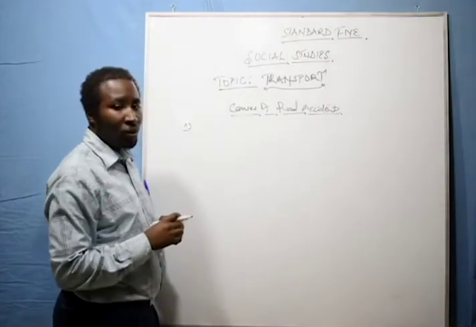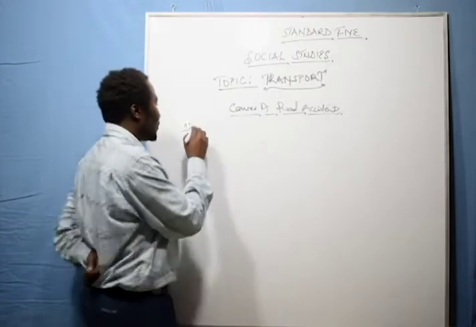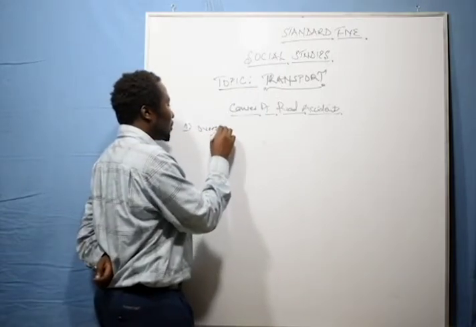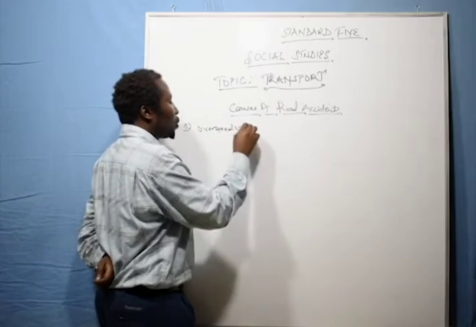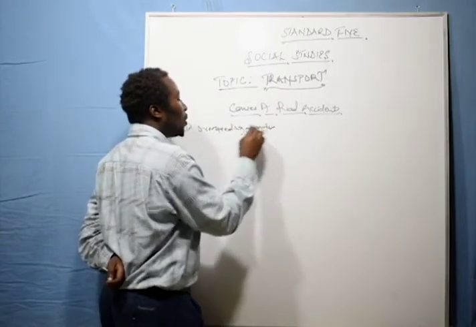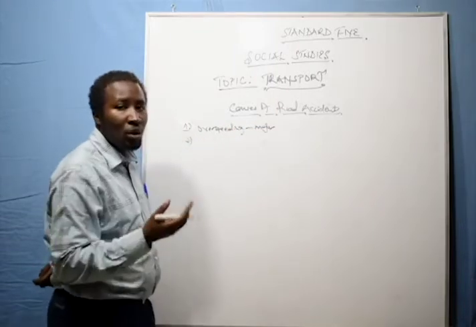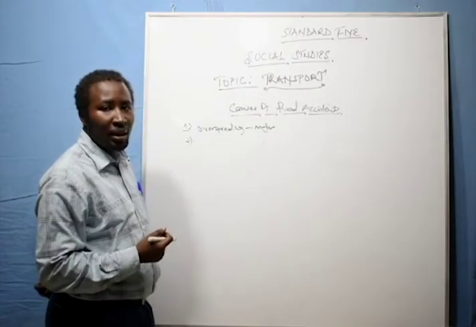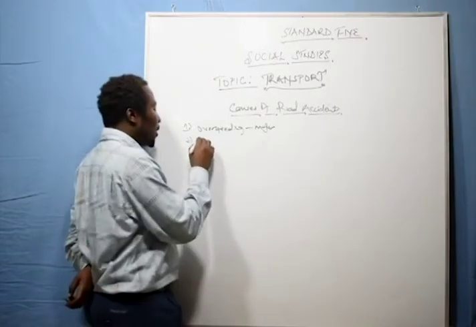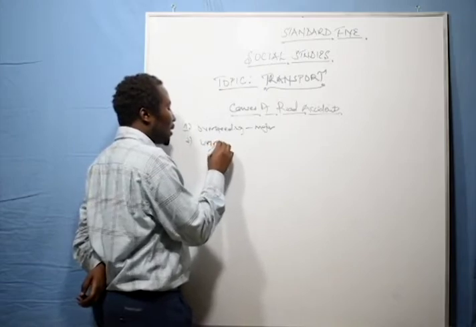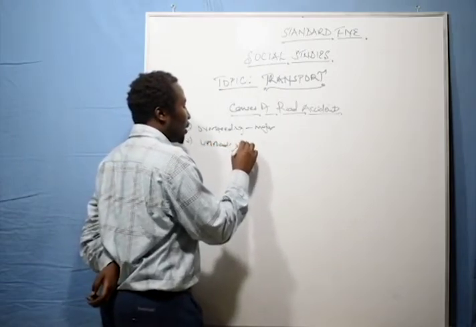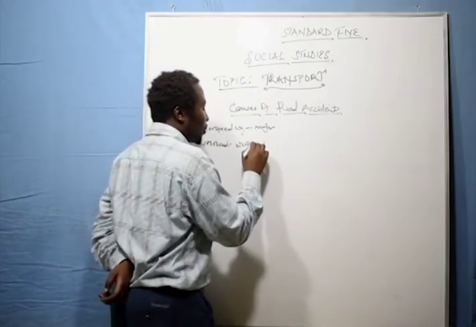Number one cause of road accidents, we have overspeeding. Actually, this is a major cause of road accidents. Vehicles overspeeding, driving at high speed, causes road accidents. Another one is what we call unroadworthy vehicles.